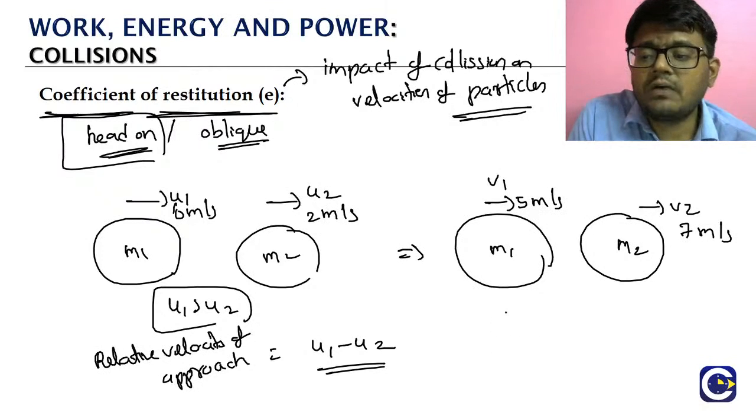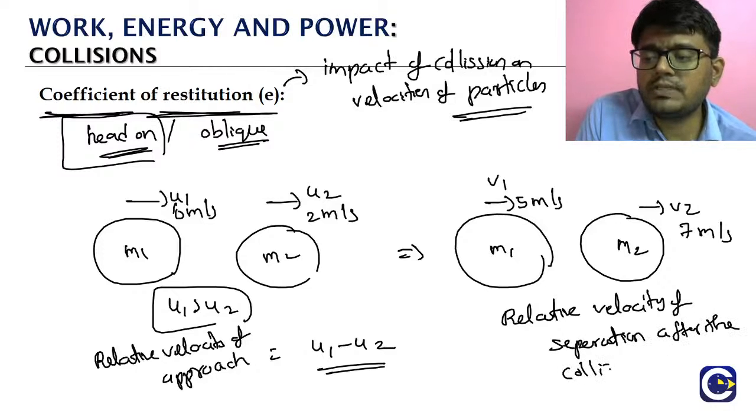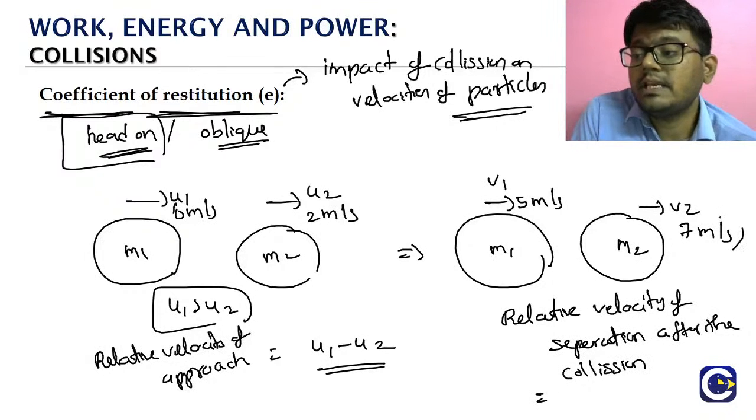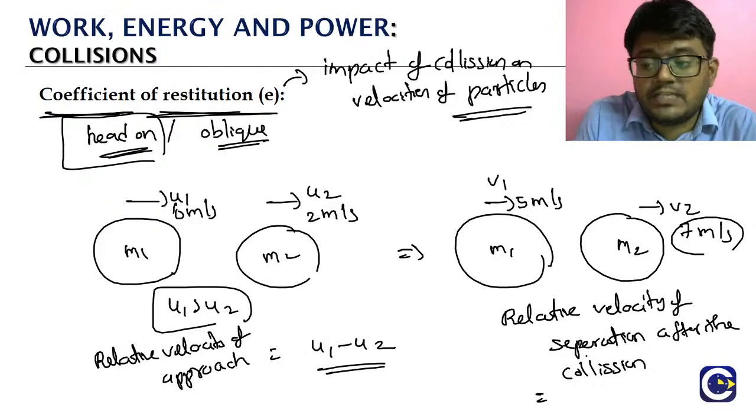Now if we ask what is the relative velocity of separation after the collision, because before the collision we had the relative velocity of approach. Here, what is the relative velocity of separation? Means 7 minus 5, that is V2 minus V1.